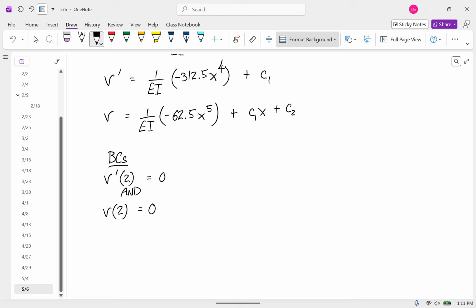So I'll plug this in, and we got 1 over EI times negative 5,000 plus C1 is equal to 0.